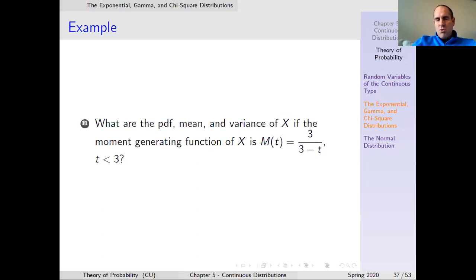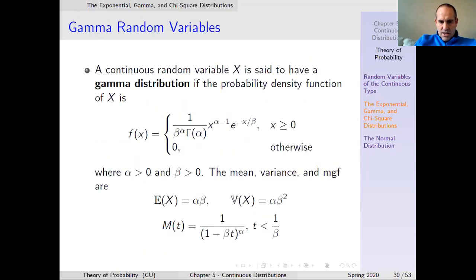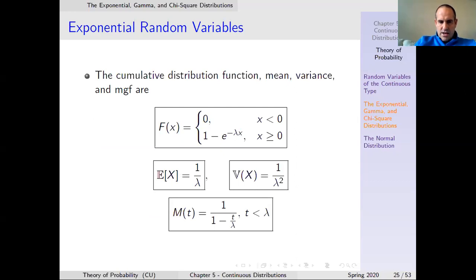What if I divided numerator and denominator by 3? Then that thing would become 1 over 1 minus t over 3, okay? And I think we've seen that before. Let me flip back here a few slides. Yeah.